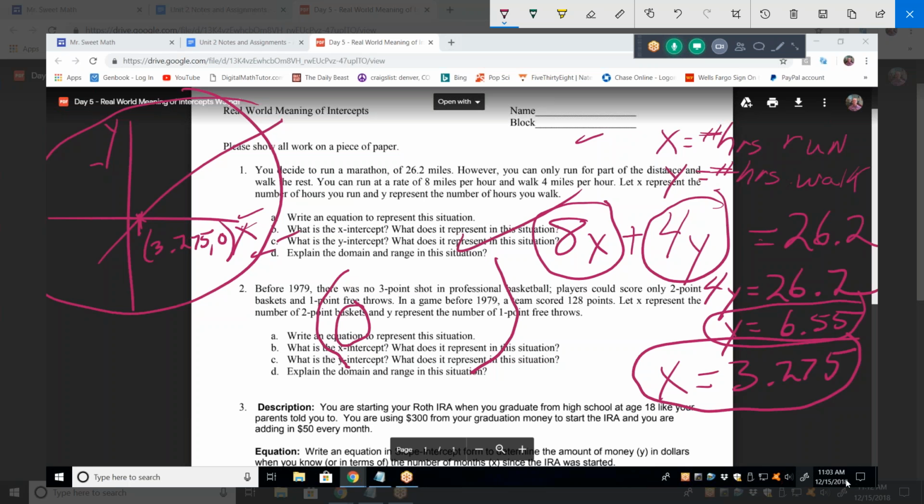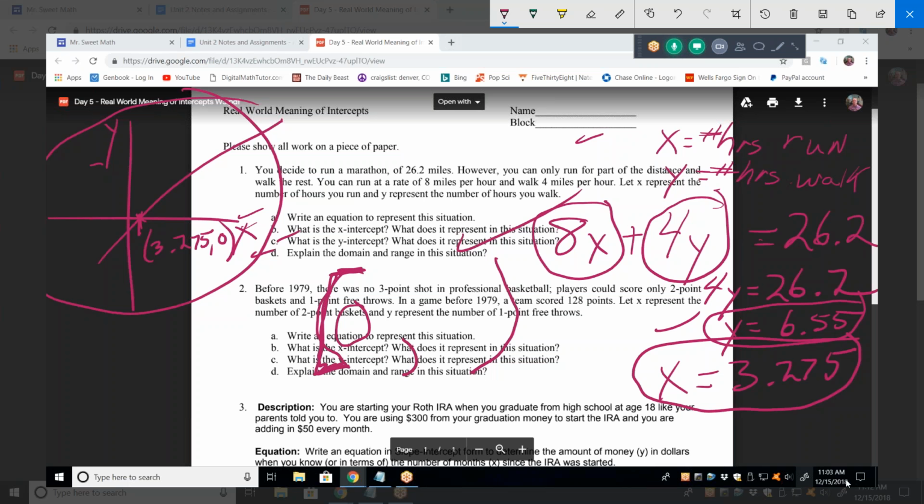In other words, can the number of hours that you run be 0? No. Why not? Can't you walk the whole thing? We just showed what happens if you walk the whole thing. It takes 6.55 hours. So yes. Exactly. X can be 0, and that makes it a bracket, not a parentheses.